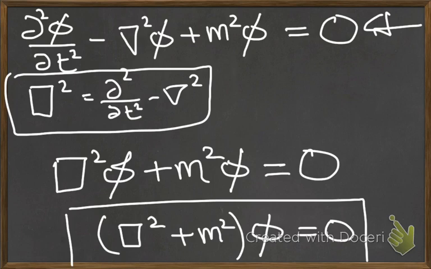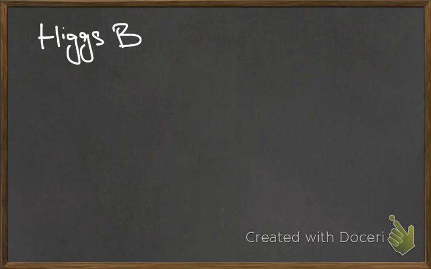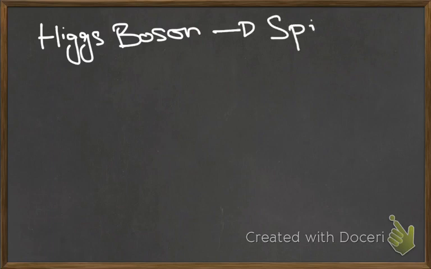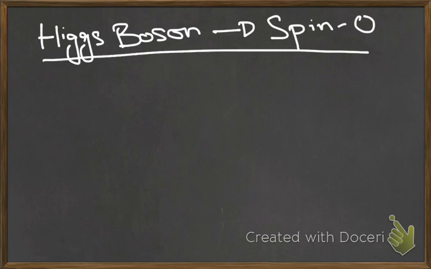One of the very famous particles is the Higgs boson. And the Higgs boson is a spinless particle. That is, the spin is 0. So it is a spin 0 particle. And this Klein-Gordon wave equation is applicable to the Higgs boson.